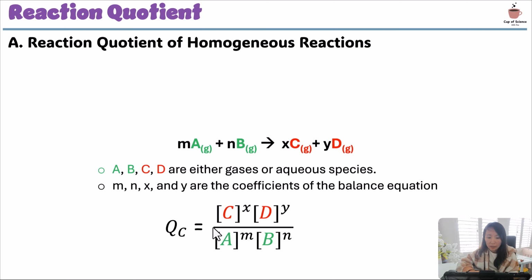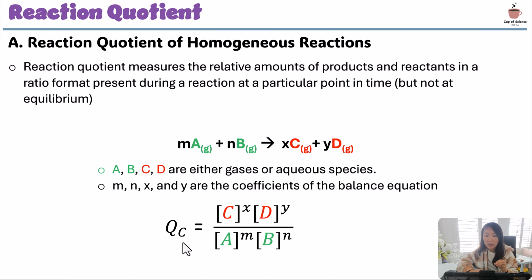Now, in this equation, you see that Qc is called the reaction quotient. The reaction quotient shows the relationship between the product over the reactant at a particular point in time, except at equilibrium. So any point in the beginning, a little bit towards the middle, or after equilibrium has passed and now it's going in the reverse direction.